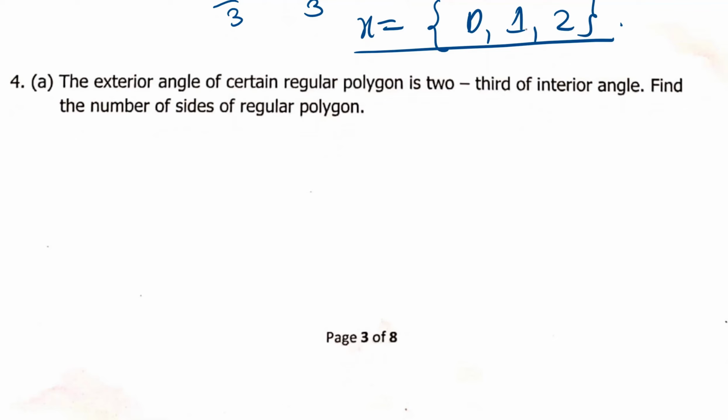We continue with question number 4. Question number 4a: the exterior angle of a certain regular polygon is 2/3 of the interior angle.